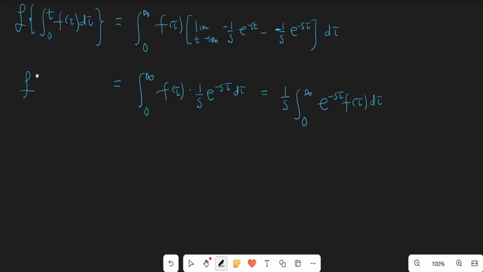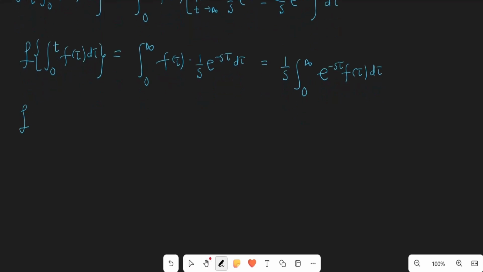And this one is the Laplace transform of the function f of tau. So that means that the Laplace transform of the integral from 0 to t of f of tau d tau is equal to 1 over s, now multiplied by the Laplace transform of the function f of tau, like this, and this one is equal to capital F of s all over s.